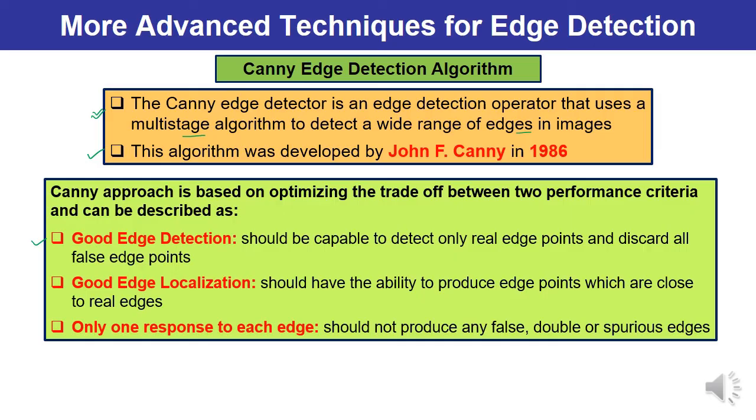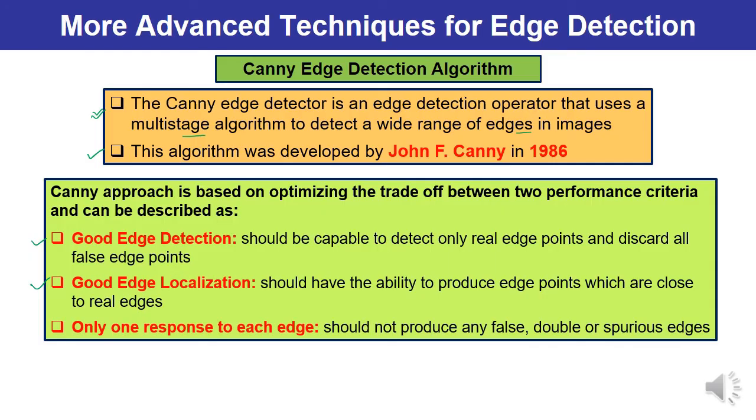Sometimes some behavior in the image can be visualized as an edge point, but actually it is not. Second is good edge localization. It means it should have the ability to produce edge points which are close to real edges. This is the meaning of localization.